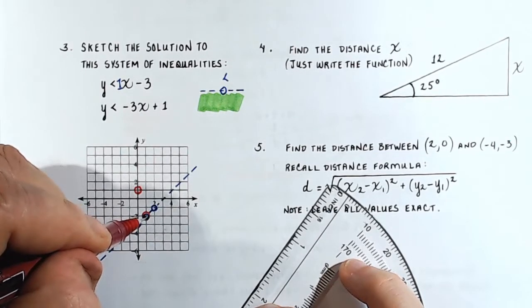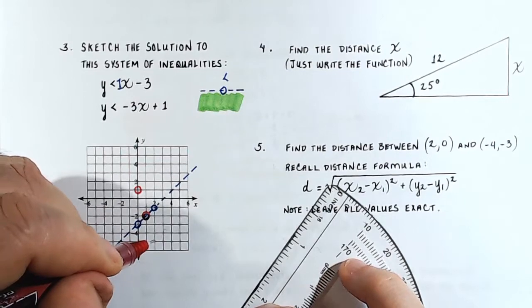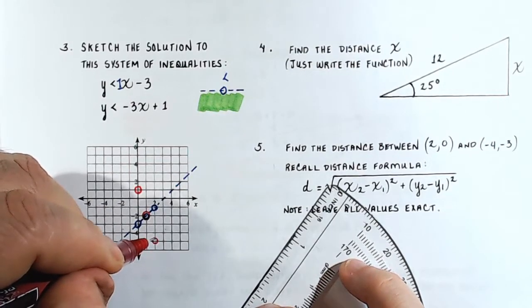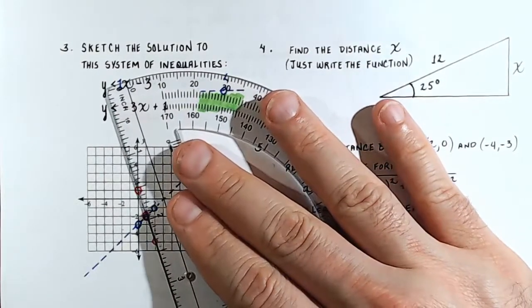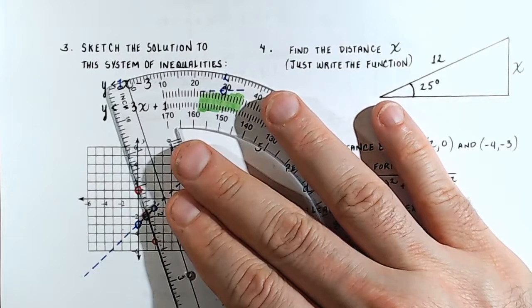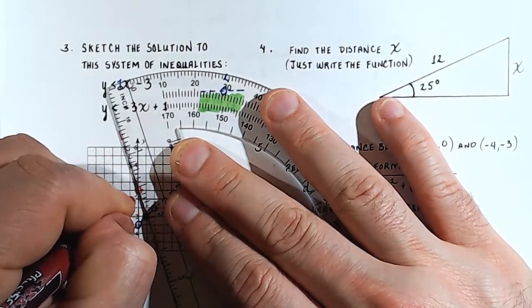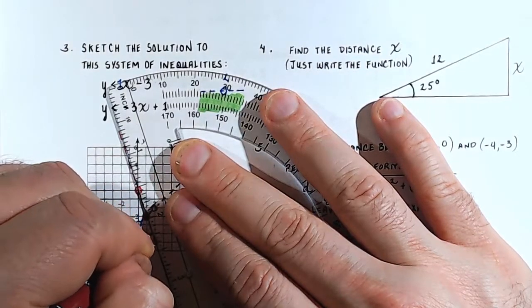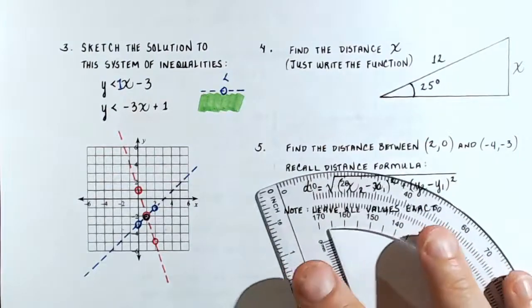Starting at that new open circle, I'll go down 1, 2, 3, over 1, open circle right there. Now I can connect those red open circles using a straight edge, and I'm going to dash in a line, because it's less than. If it had been less than or equal to, I could have used a solid line.